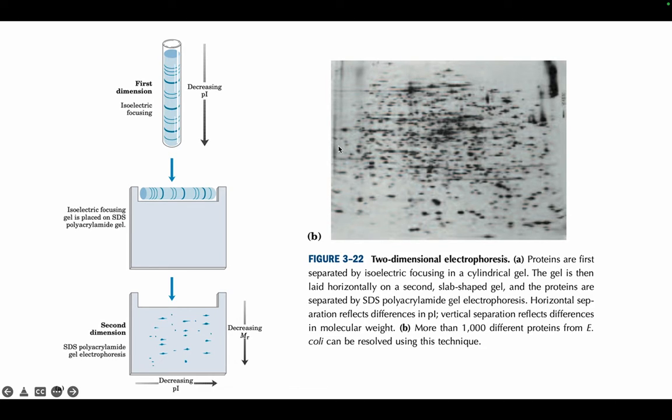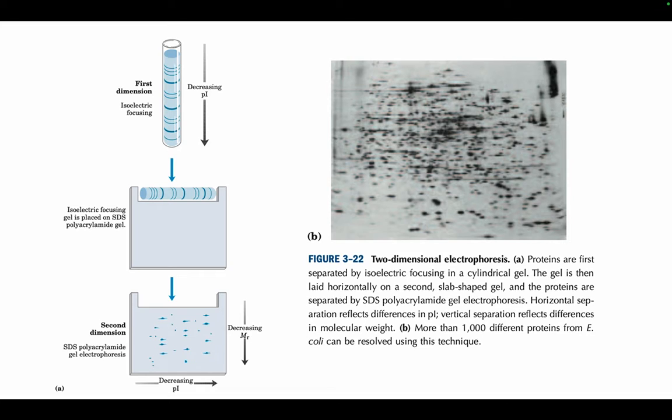In the same way, if I look at all the proteins here in the same horizontal axis, right, these are all proteins with the same mass, but they have different isoelectric point. Okay, and by this method of two-dimensional electrophoresis, we have separated based on two different criteria, so we are able to get a much better separation of these gels.